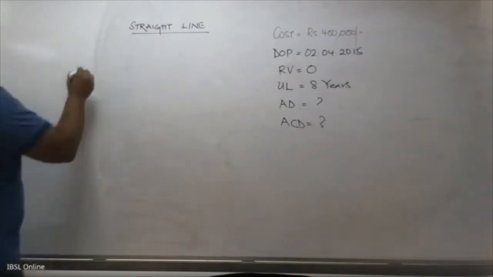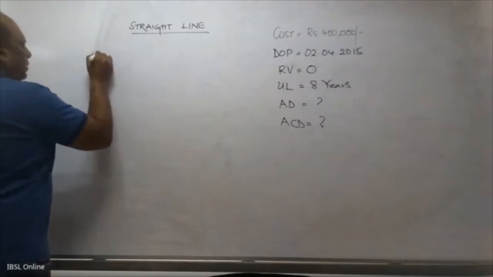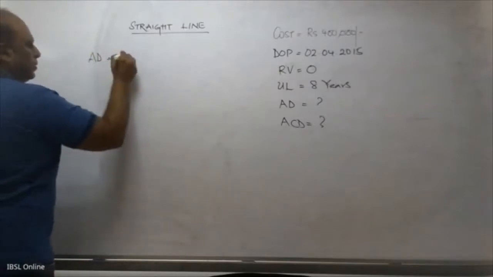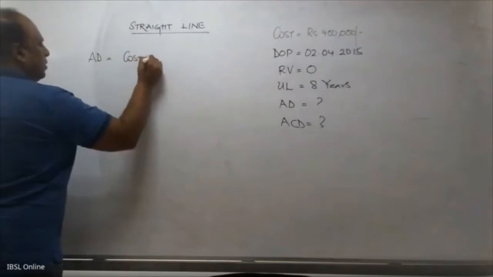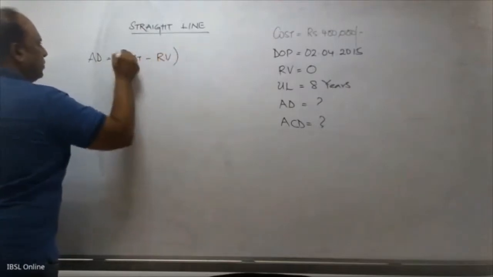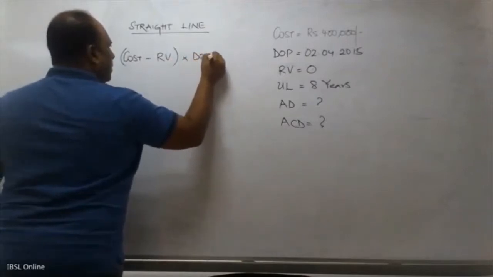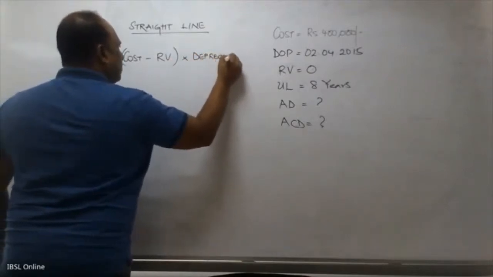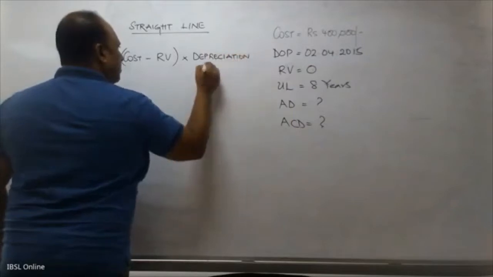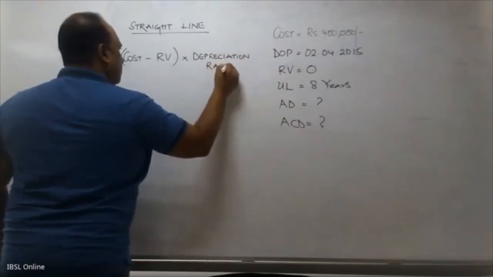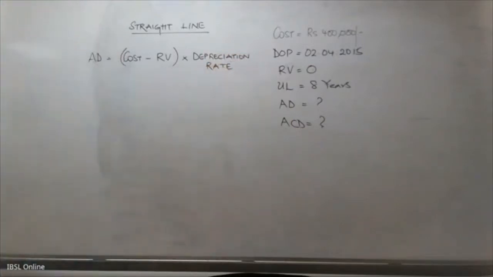So the annual depreciation is equivalent to cost minus residual value into depreciation rate. Is that correct?